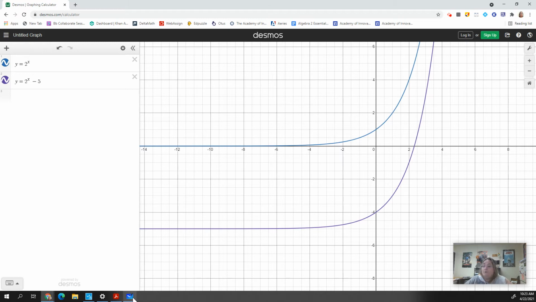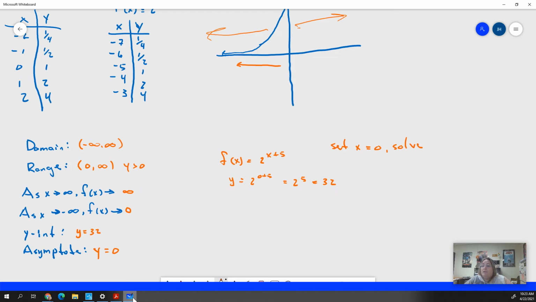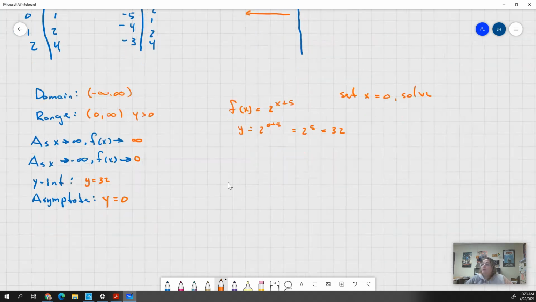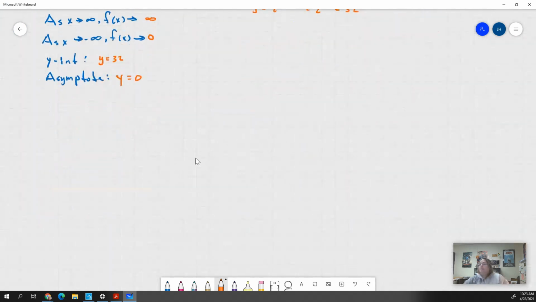And so I'm going to come over to the whiteboard and I'm going to show you how to write this one up, right? So if I have f of x equals 2 to the x, what did we say? Minus 5, right?